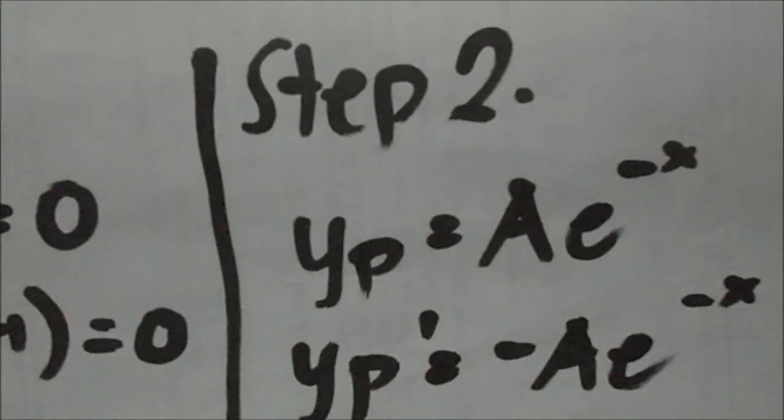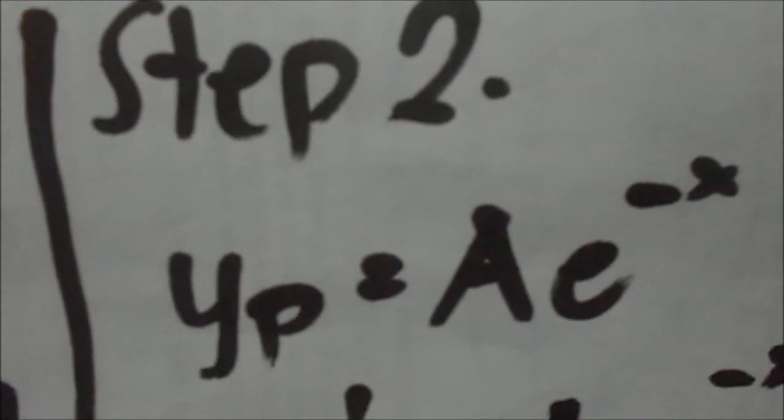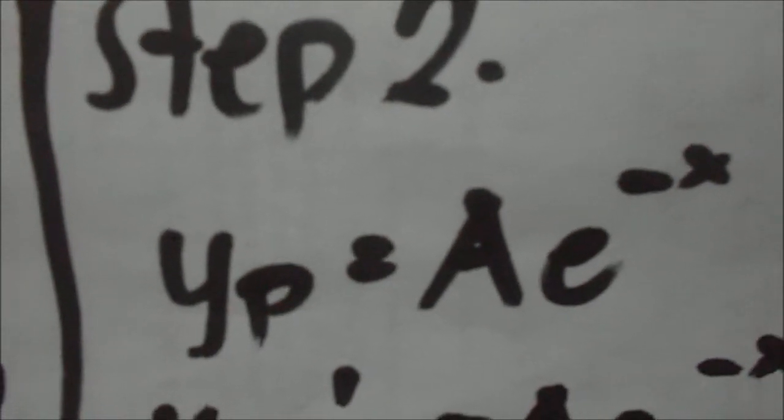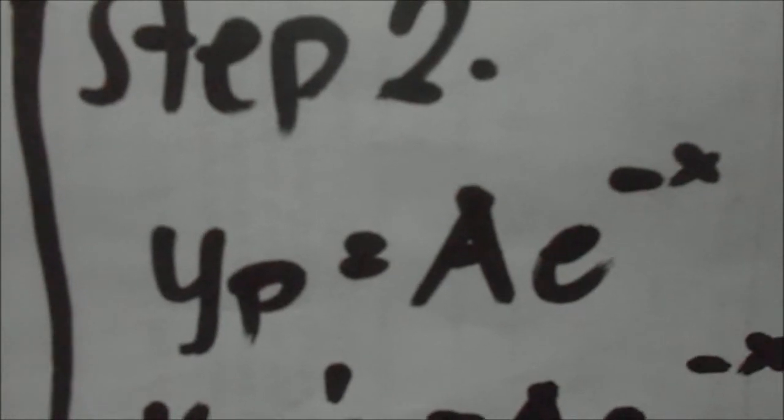So our g of x in this equation is e to the negative x, which is an exponential function. So it is reasonable that our yp is in the form yp is equal to a e to the negative x, wherein a is the specific coefficient.